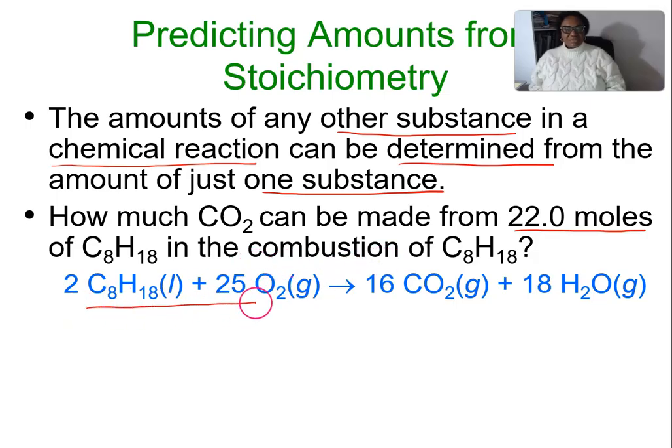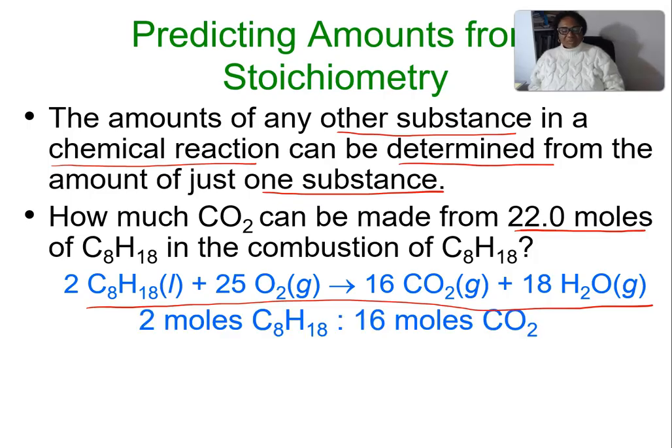This reaction below is a combustion reaction. From this reaction, we know that 2 moles of C8H18 produces 16 moles of carbon dioxide. We'll use that as a conversion factor.